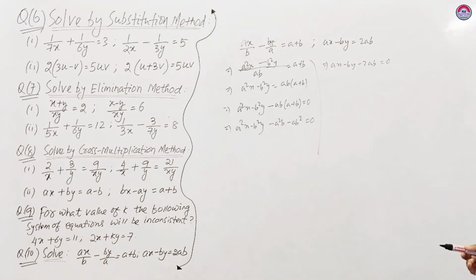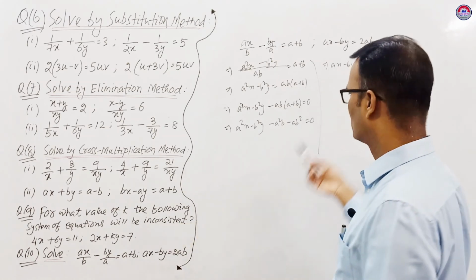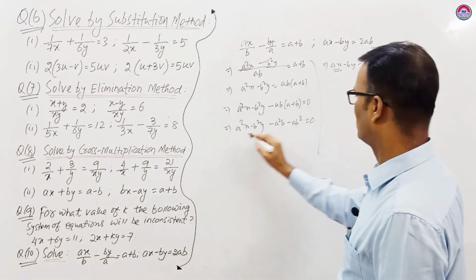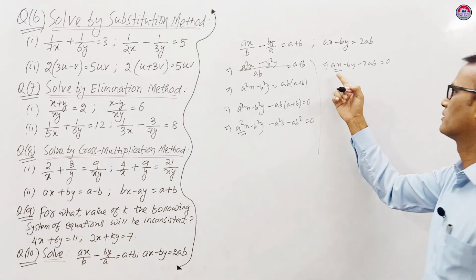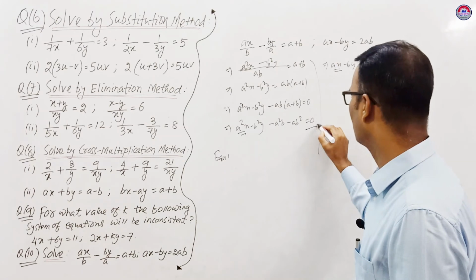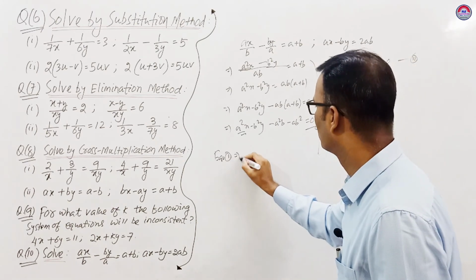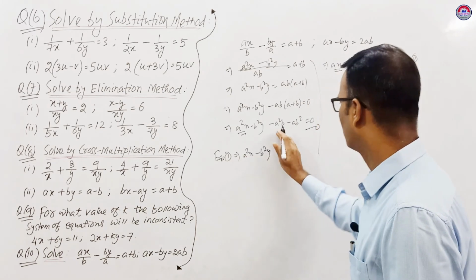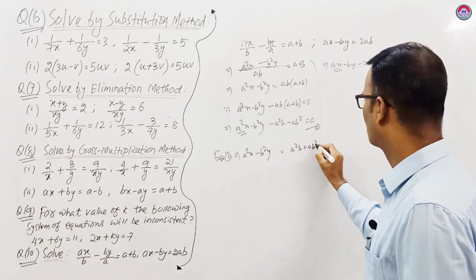Now if you use the elimination method, since no specific method is given, you equalize the coefficients of x. What to multiply? Multiply by a. Equation 1 is a square x minus b square y, taking to the right side, equals a square b plus ab square.